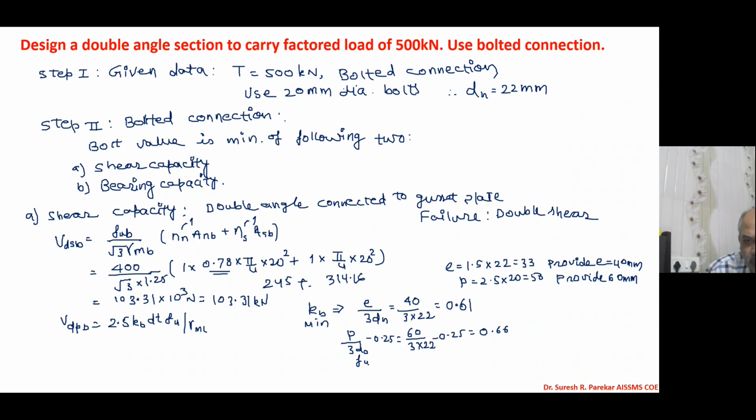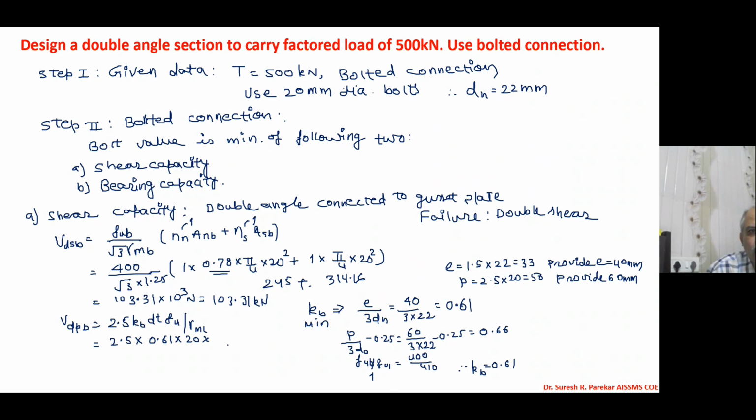Then we have FUB upon FU, so 400 upon 410, and then 1. Therefore KB is 0.61. And then we can put all these values: 2.5 into KB 0.61, diameter 20.